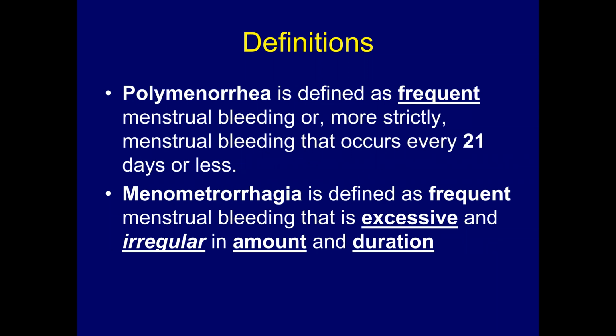Polymenorrhea is frequent menstrual bleeding, most strictly menstrual bleeding that occurs every 21 days or less. A shorter cycle. Menometrorrhagia is defined as frequent menstrual bleeding that's very excessive, irregular in amount and duration.